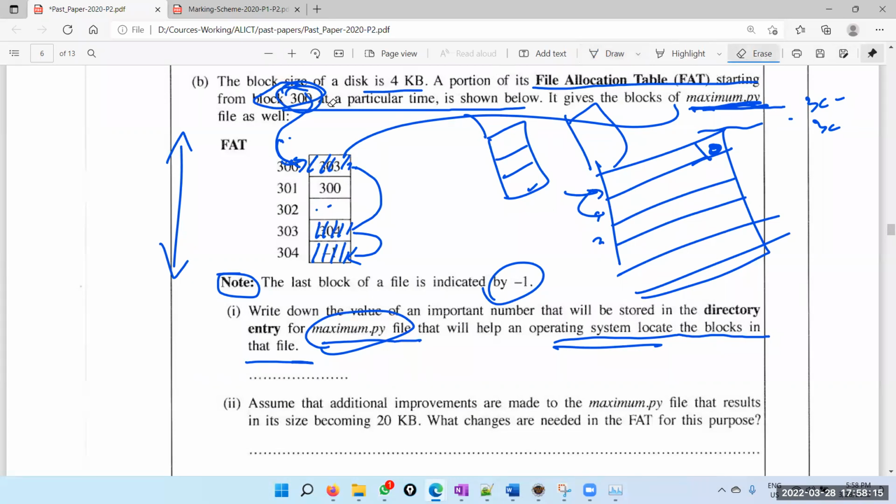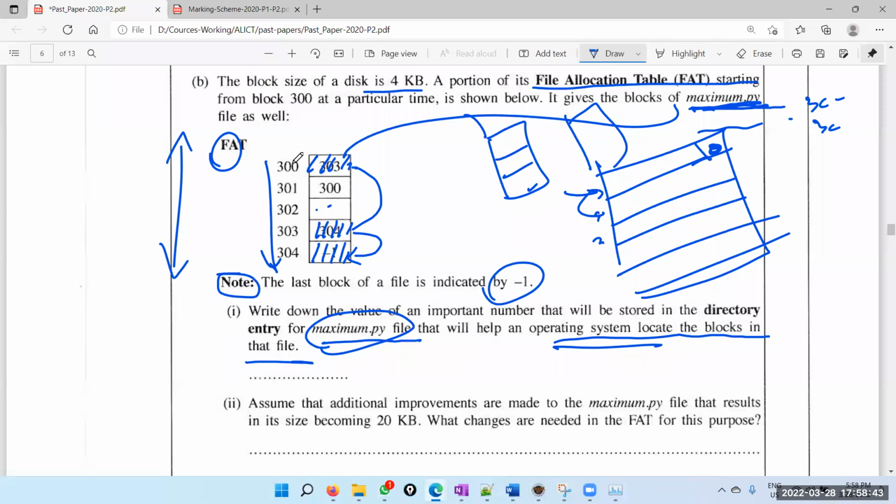Okay, let me erase this and see. Starting from block 300. I think I misread the question. What the question says is not that the file is starting from block 300. What you have given is the file allocation table portion starting from entry 300, not that the file is starting at 300, right?